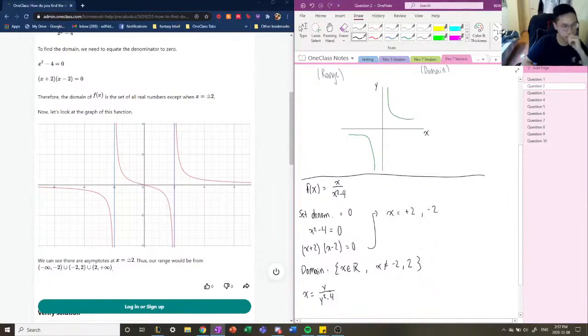And we're just going to visually identify what the range is, okay? So our range is from -infinity to -2 here. So you can see here that at -2, there is no value here. So our range is -infinity to -2, -2 to 2, and 2 to positive infinity.